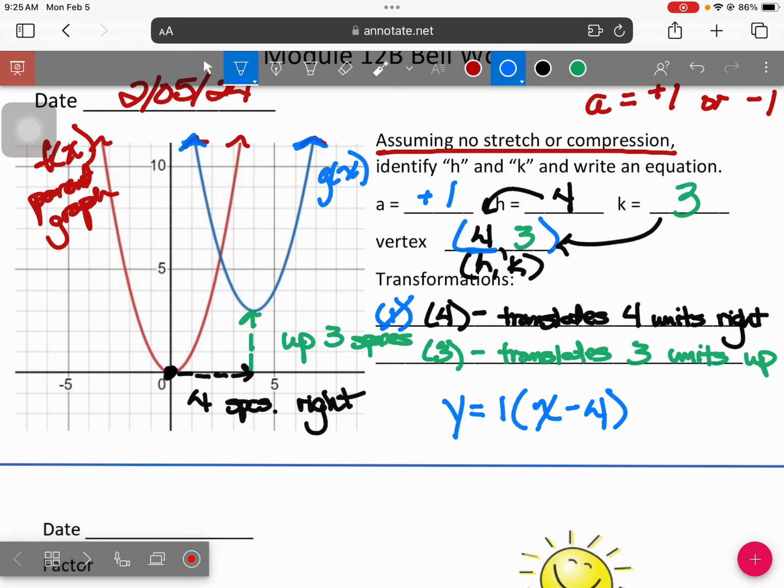Rowan, can you please get your head up? And what else do I need when we're talking about quadratics? This is not linear. It has to be what? Non-linear. Which means if it's a quadratic, it is squared. Okay? And then finally, k is plus 3. So that's my equation, even though we didn't ask for it.